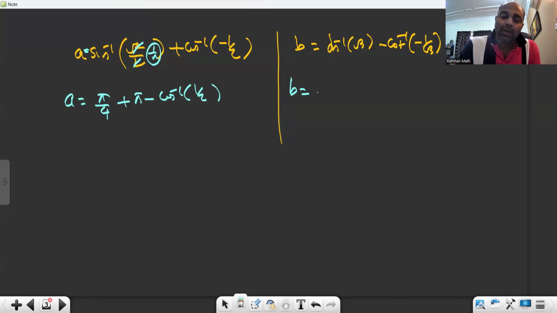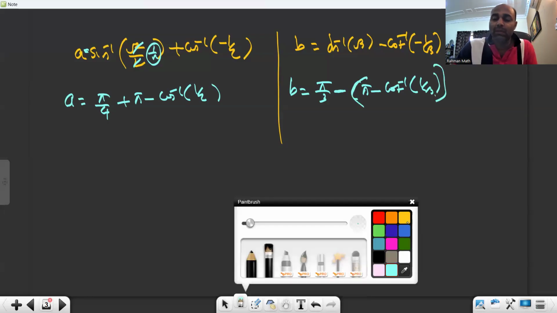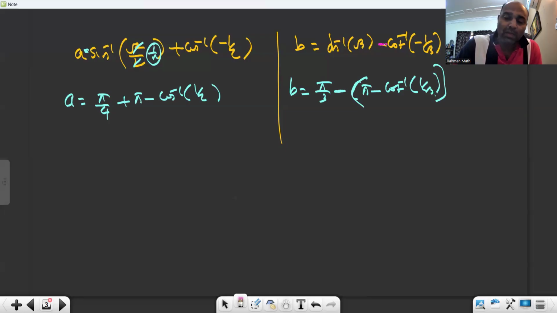And here B, tan inverse root 3, what is root 3? Tan 60. Here cot inverse of minus, a bracket is compulsory: pi minus cot inverse 1 by root 3. Many people make mistakes there. Be careful, here one minus is there, so minus of this whole thing.